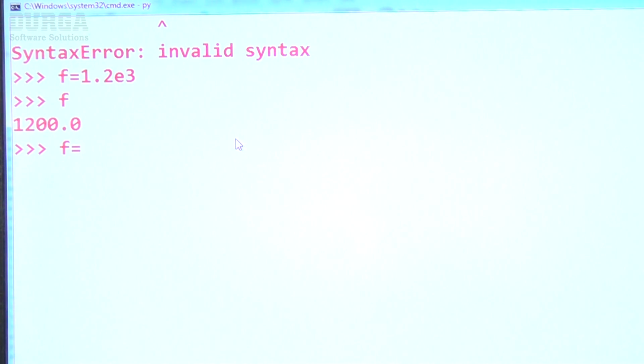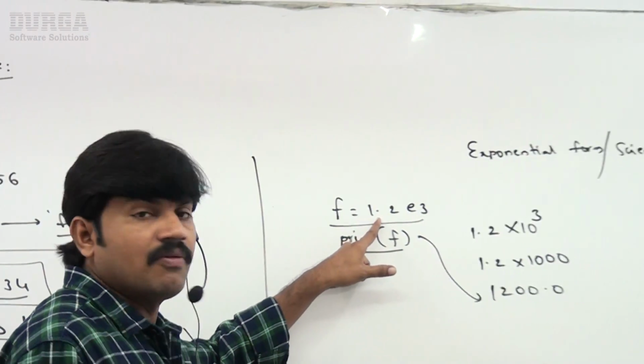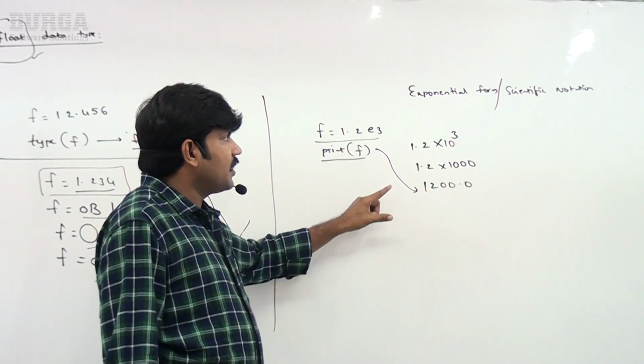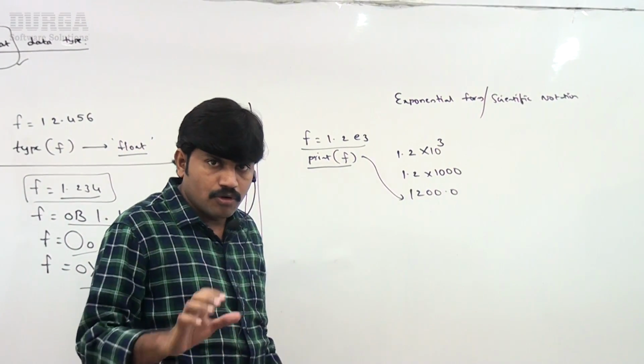Let me take 1.2 capital E3, sir. If I print f, then automatically 1200.0, like this we are going to get. This type of representation is called scientific notation. So even floating point literal values you can represent in scientific notation, no problem at all.